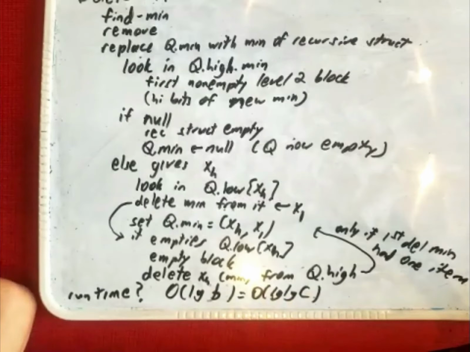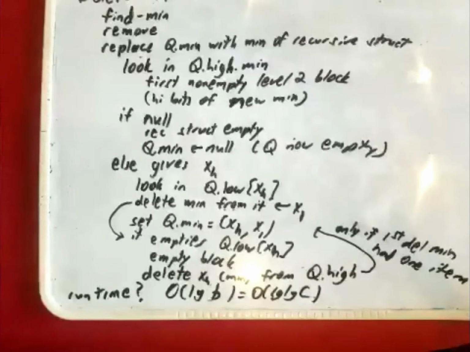Any questions? Why do we have to save the minimum separately? Great. That's exactly the right question. I said this at the beginning: you have to keep the minimum separate. The reason is to make the argument that we're making now, that only one of your recursions is complicated. If you don't have that separate min, it gets a lot harder to say that one of the recursions is going to be on a data structure that only has one item in it.